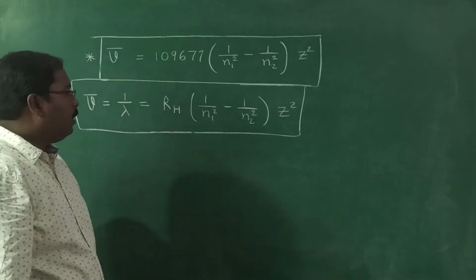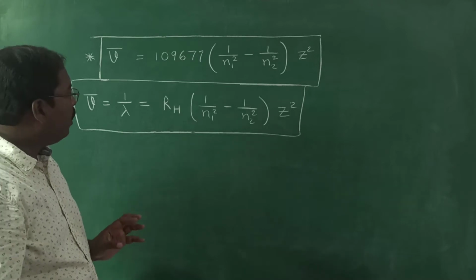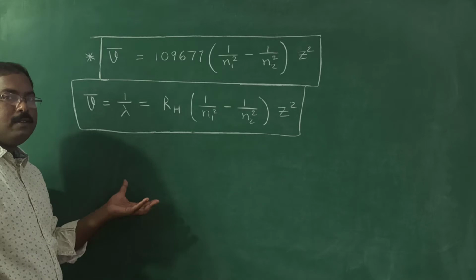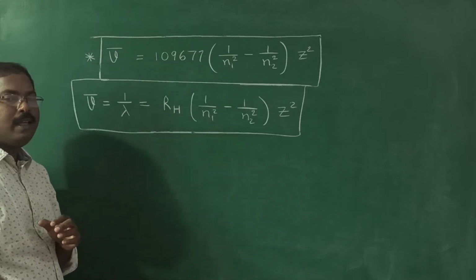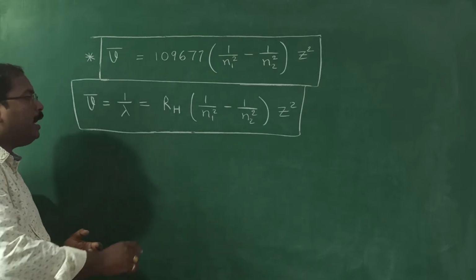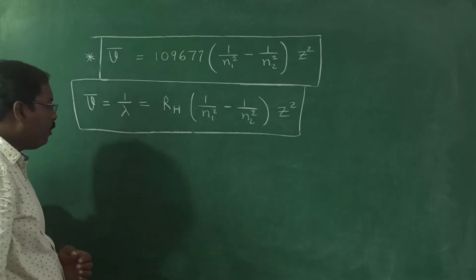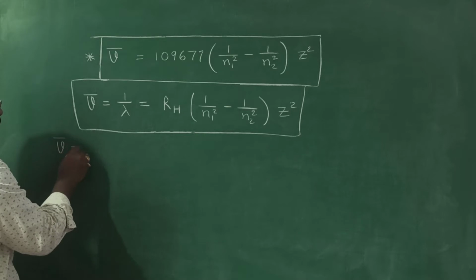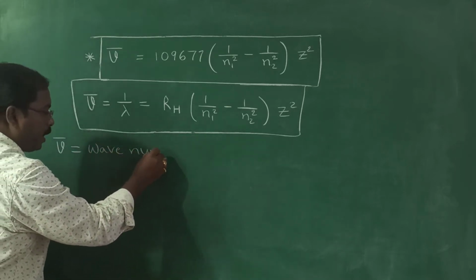Okay. Now this is the formula given. Okay, it is good. But while solving in this today's class, you are able to remember what is R, what is N1, everything. But in the revision time, we will forget all this. So that is why better to write all the terms present in the formula. Okay? Where we already know nu bar means what? Nu bar means wave number.